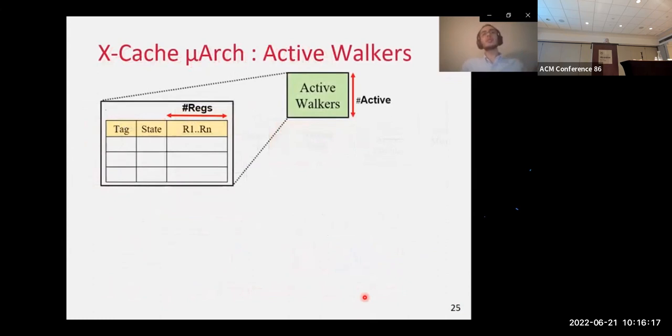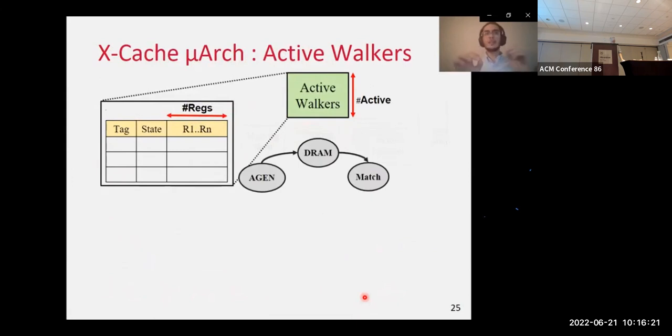The next module is our active walkers. So in the same example that I showed before, we have to generate the address of a node. We have to read it from DRAM and then do the comparison. But when we're waiting for the data to come back from the DRAM, we can allocate an entry inside our active walker, release all of the other resources, and then wait for the data.